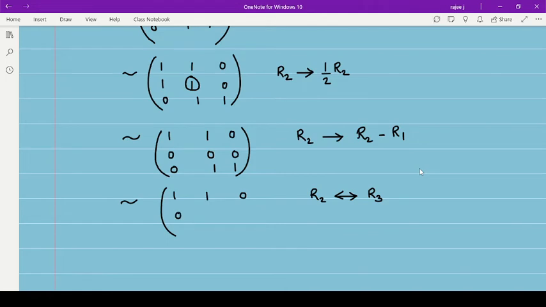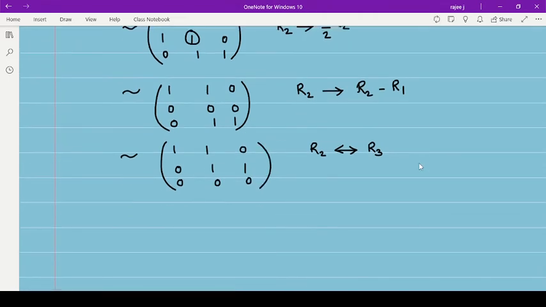So it is 0 1 1 and this is 0 0 0. Always in echelon form the last row will have the maximum number of zeros. The second last row will have fewer zeros than the last row.